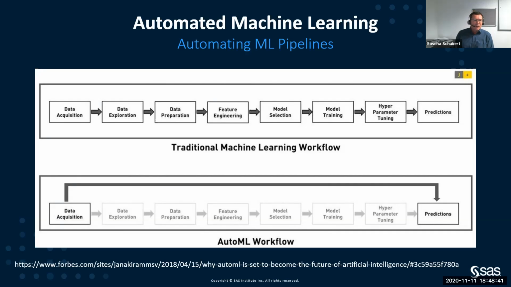Some people call it the model lifecycle, some people call it a machine learning pipeline, but basically the steps are always the same, and they're listed here: you go from data acquisition over data exploration, data preparation, feature engineering, model selection, model training, hyperparameter tuning to predictions. And within all these steps, there's a lot of work involved to create an output in that box that is the optimal input for the next box.